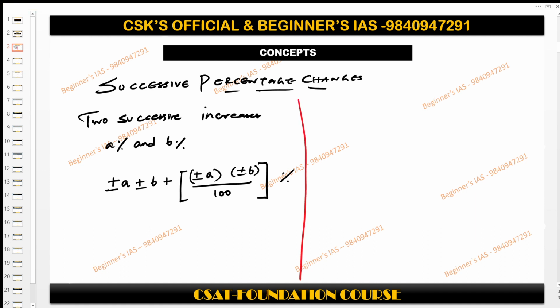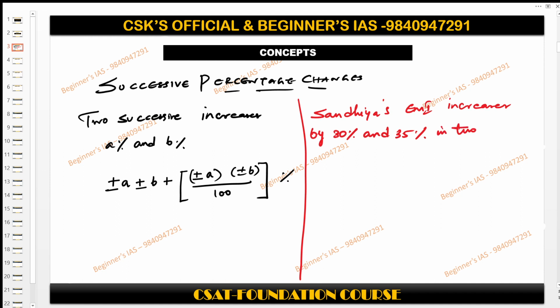In 2021 there was a question, and then in 2022. So let me give you one here. Sandhya's EMI increases by 30 percentage and 35 percentage in 2 consecutive years.